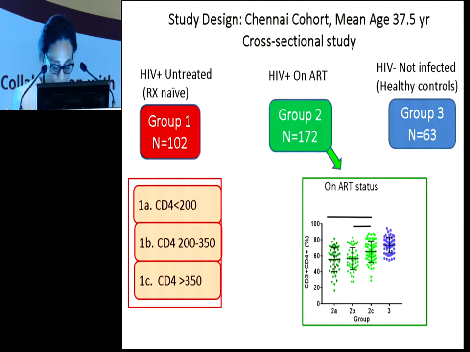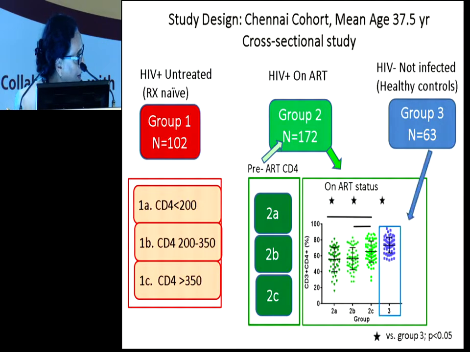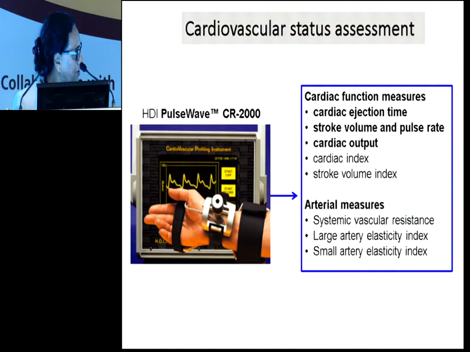But the important point is that they all started their treatment at the same nadirs as the Group 1. And then Group 3 was the HIV non-infected. And you can see that despite the fact that they were immune reconstituted, the Group 2 was still different from HIV negative healthy controls in terms of CD4 count.